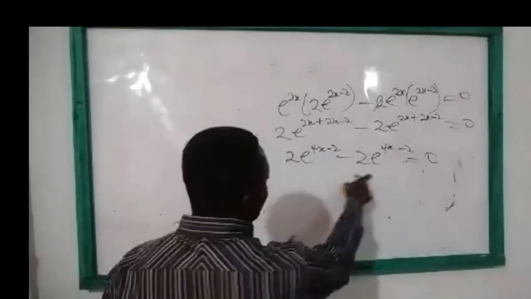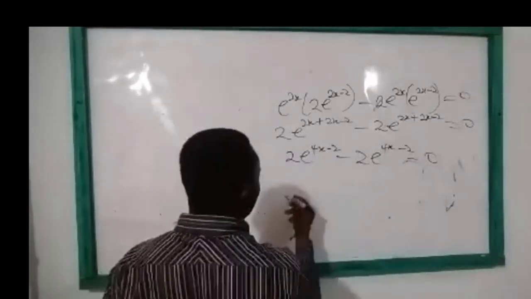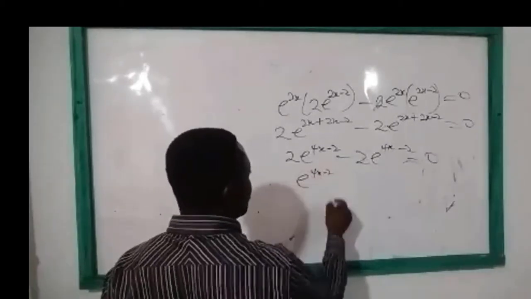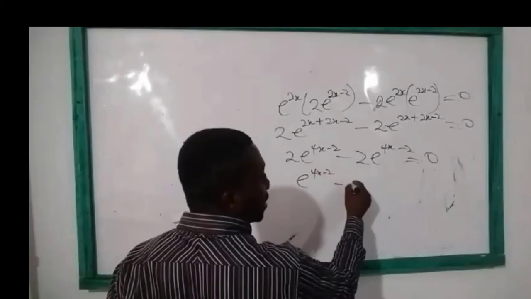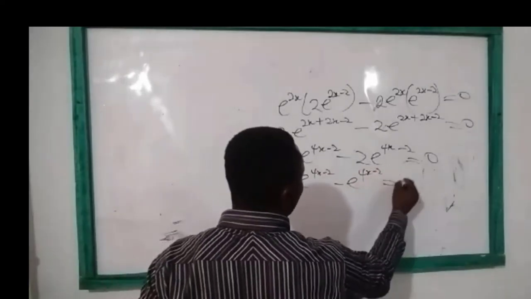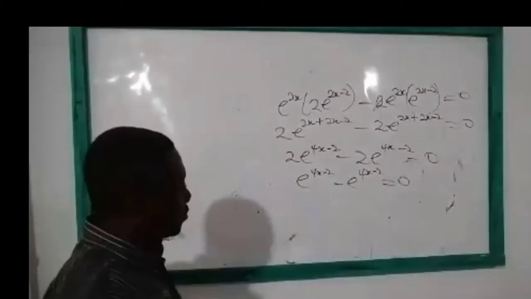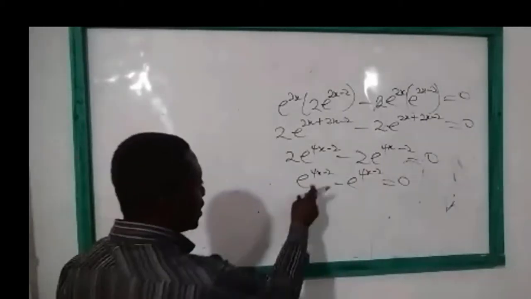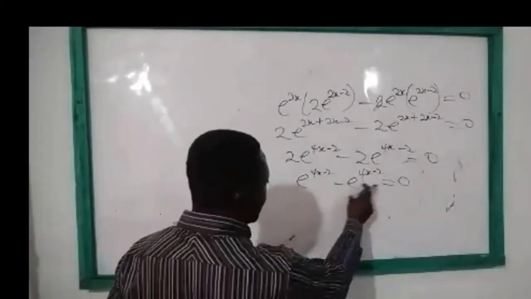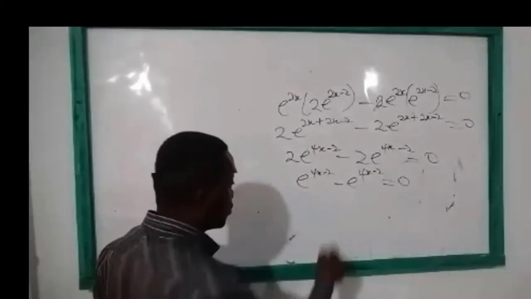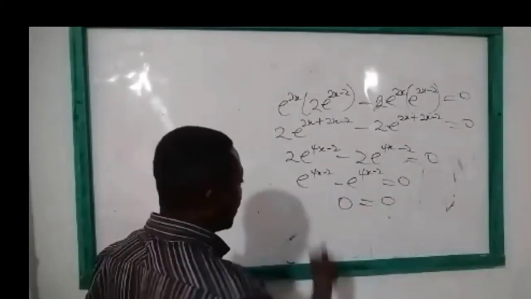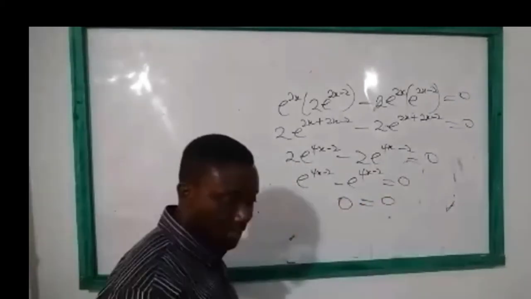So you can simplify here. So e^(4x-2) minus e^(4x-2) equals 0. So from here, you can see that this minus this will give us what? 0. So 0 is equal to 0. So therefore, the condition has been satisfied.